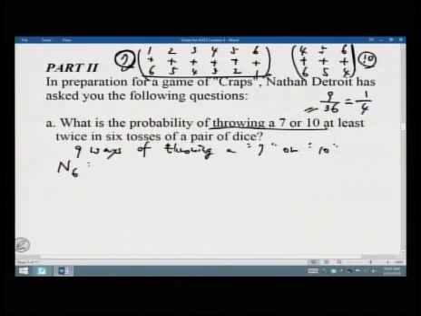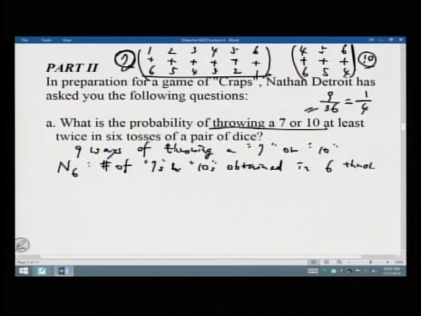That is the number of 7s and 10s obtained in 6 throws of a standard pair of dice. Does that make sense?